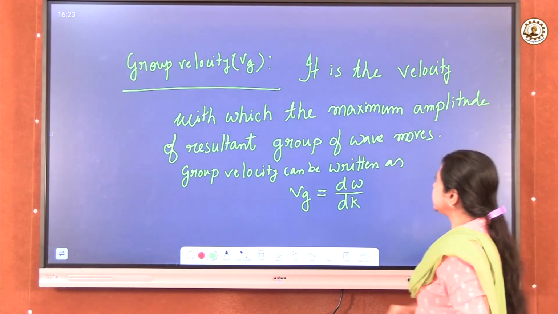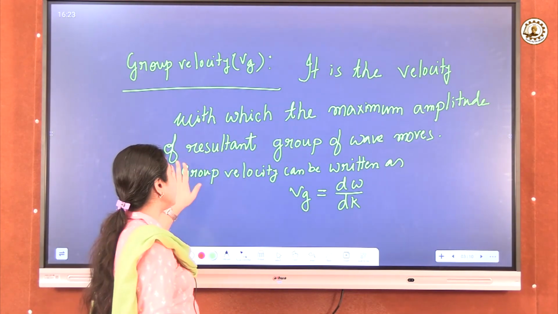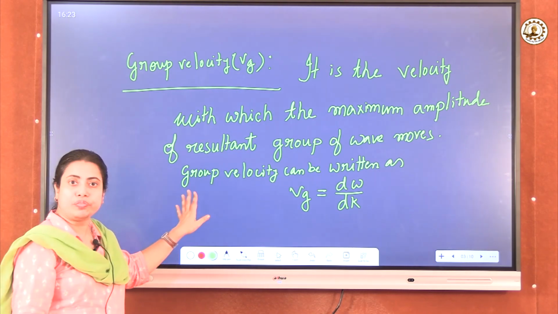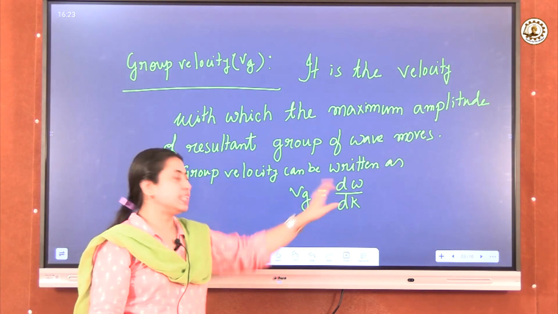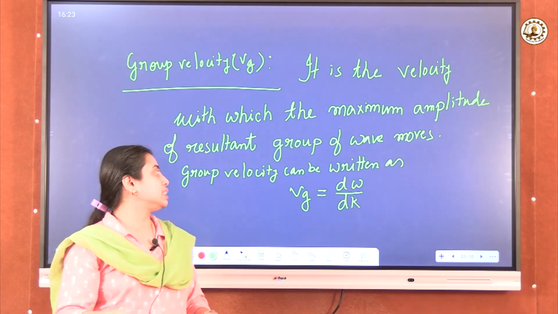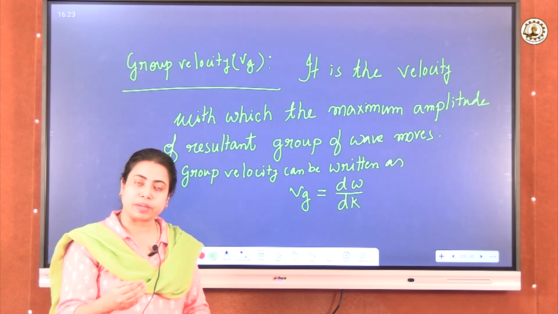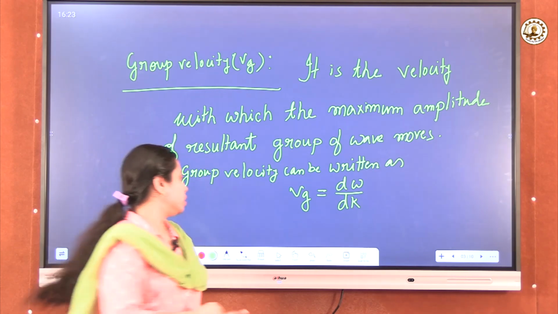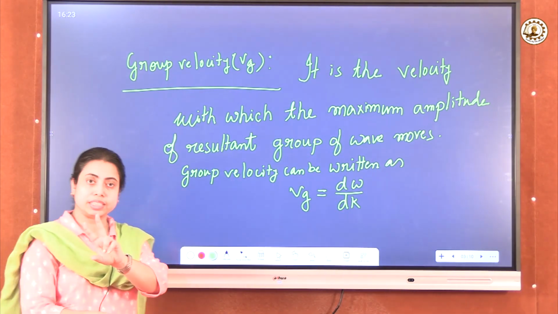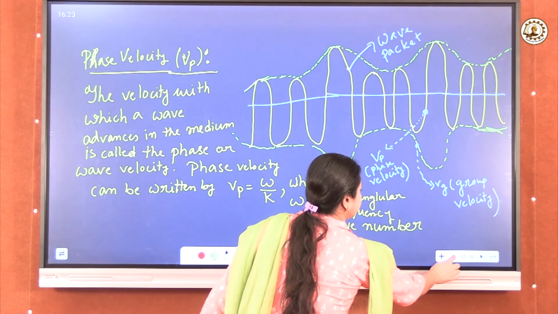The definition is, it is the velocity with which the maximum amplitude of the resultant group of waves moves. Group velocity can be written as Vg is equal to d omega by dk, means the first derivative of angular frequency with respect to the wave number.